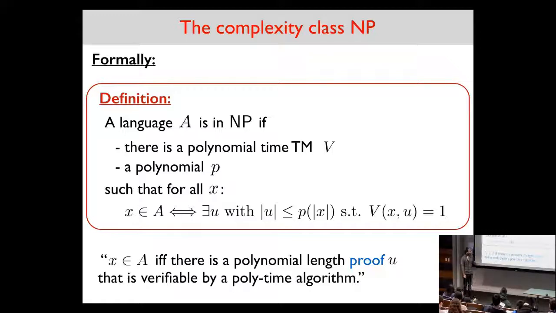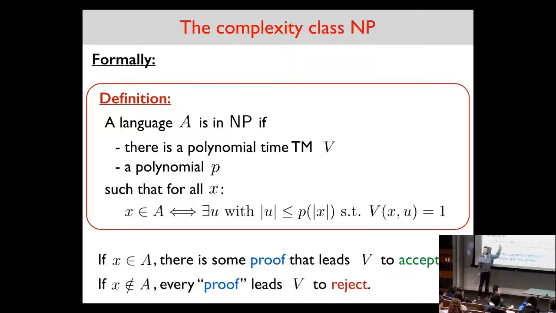Now, let's be clear about this if and only if. What that means is that if x is in the language, there's some proof u that will lead V to accept, say a satisfying assignment. But on the other hand, if x is not in the language, then no matter what proof you give me, because there is no proof, my verifier should reject, should output 0.